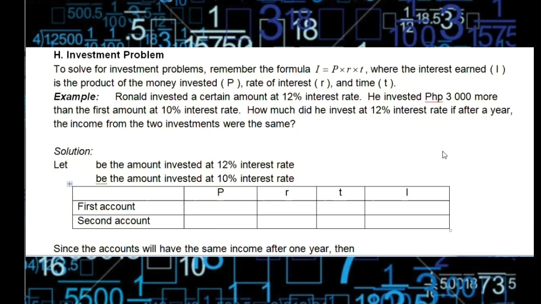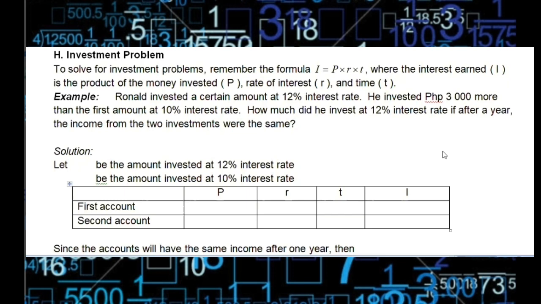So, in our given problem, Ronald invested money in two accounts. In the first account, he has a 12% interest rate. In the second account, he invested money higher by 3,000 with an interest rate of 10%. Let's say, for example, his amounts of money are 10,000 and 13,000. If you compare, the 13,000 principal investment in the second account is higher. So, for example, what you invested in the first account is 10,000 at 12% interest rate, and the second account, 13,000 at 10% interest rate.